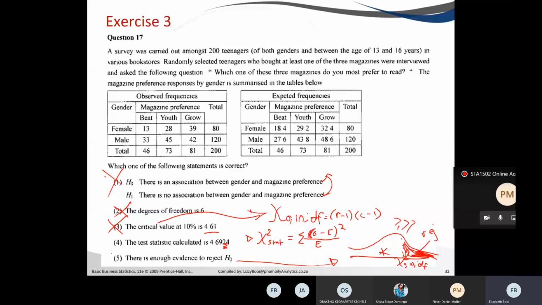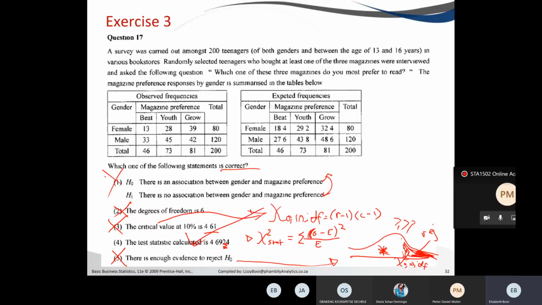That also says correct, because the final answer says there is sufficient evidence to reject the null hypothesis. No, we do not reject the null hypothesis, because then the 4.6 falls in the do not reject. So we do not reject the null hypothesis. So therefore it means option number 4 is the correct answer that you are looking for.